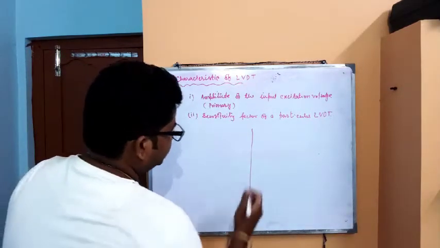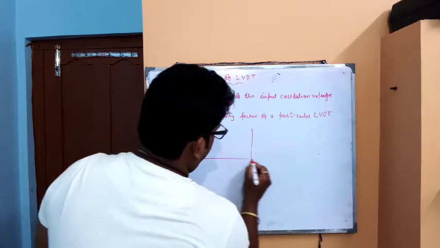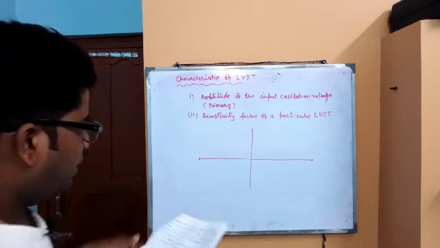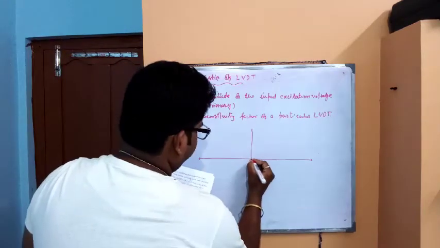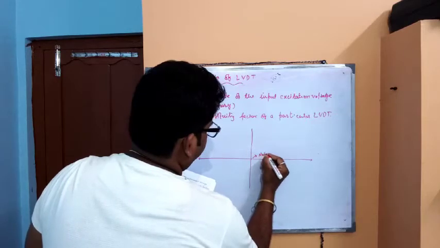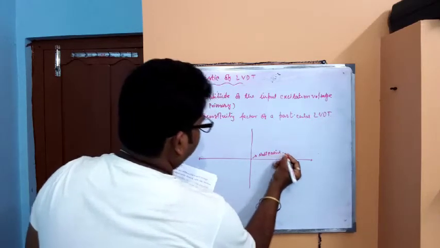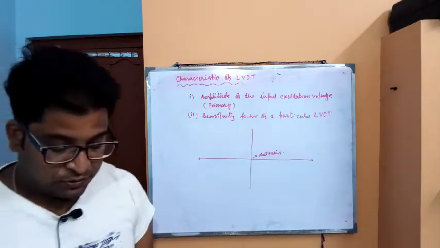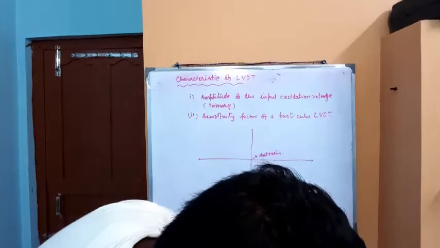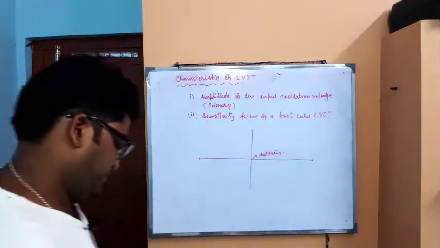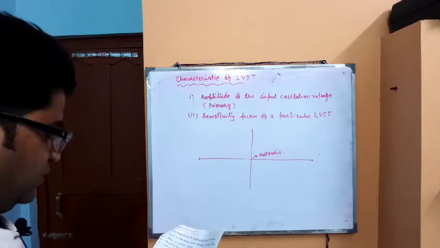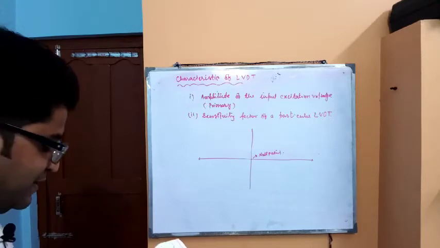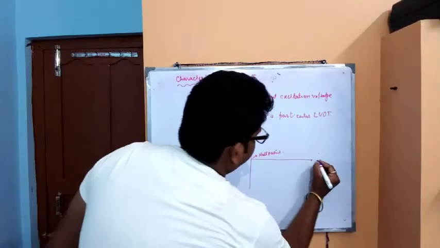Okay. If we consider this as the null point, at the middle position of this curve, that means the core is in the middle position. So the phase shift of the output voltage, represented in degrees, is against the core position.